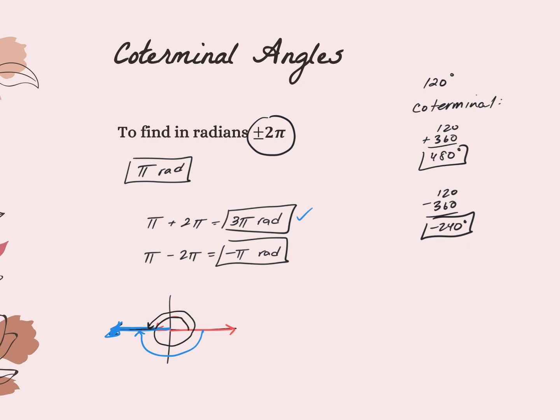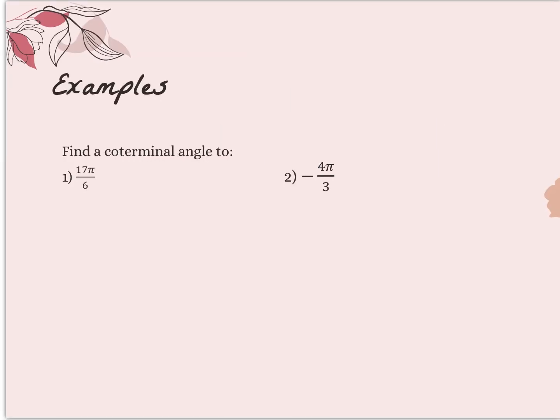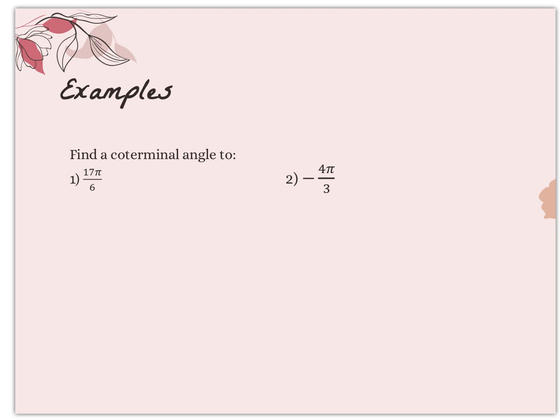Now, sometimes it's not as easy as you think because you get a lot of fractions when it comes to radians. Let's see the next slide. So here I have a slide asking me to find a coterminal angle to 17 pi over 6.